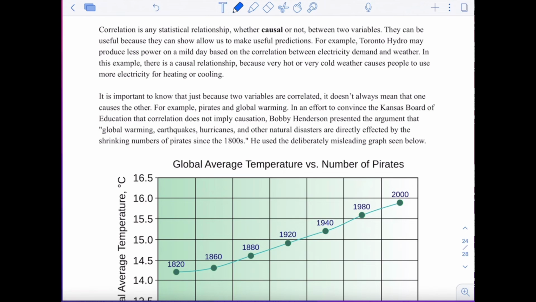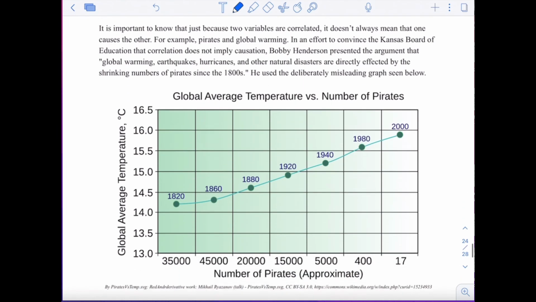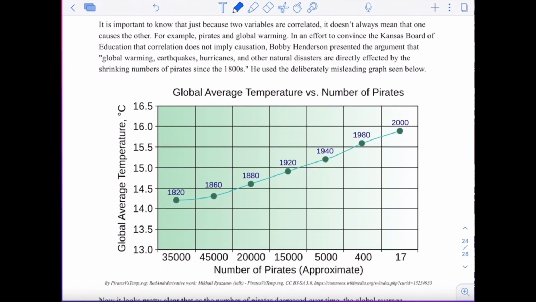So this graph that we're about to look at is an example of somebody using two data pieces that actually are not causal to prove the point. So for example, pirates and global warming are used in this example as an effort to convince the Kansas Board of Education that correlation does not imply causation.